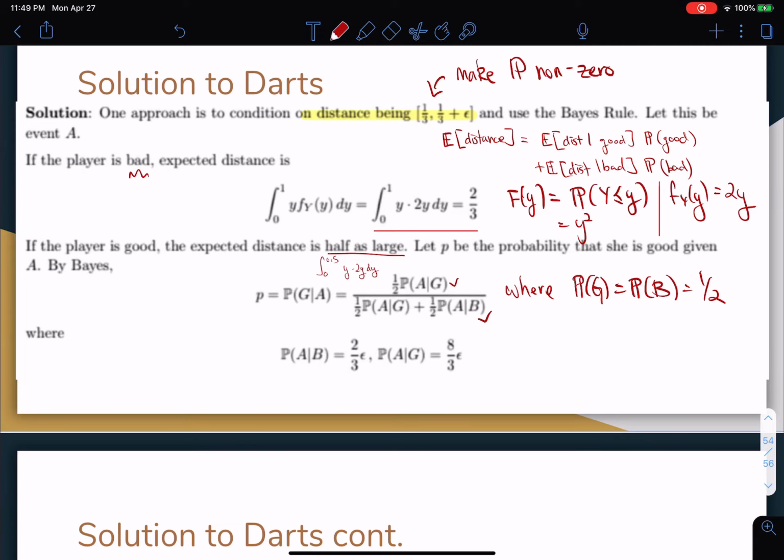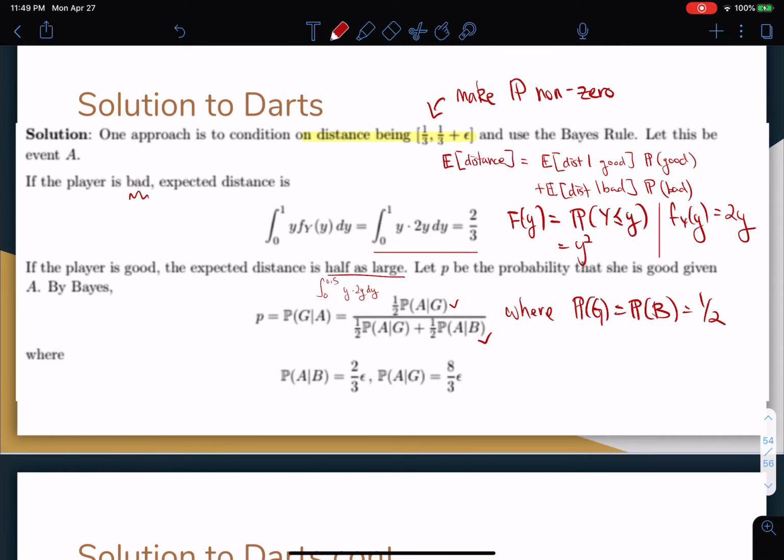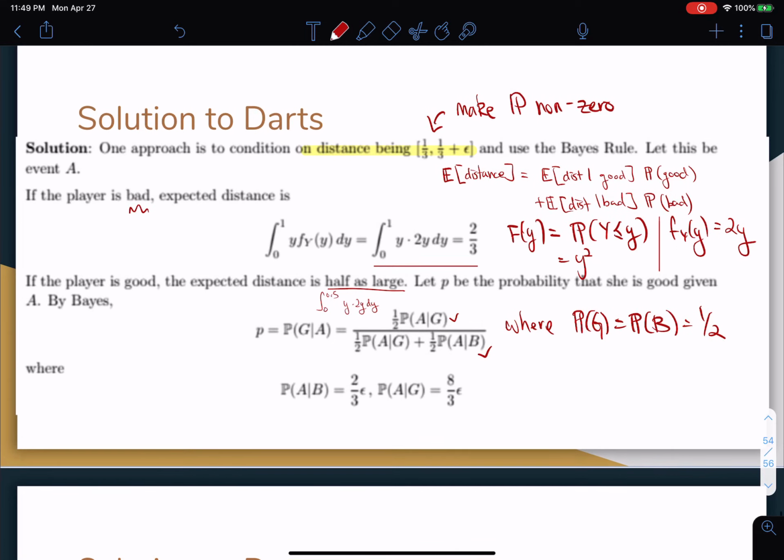And how do you find that? Well, we just use this PDF that we have, use this distance, 1/3 to 1/3 plus epsilon, and we just integrate over it.